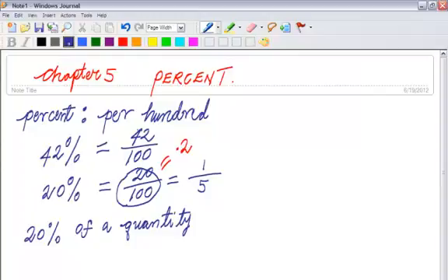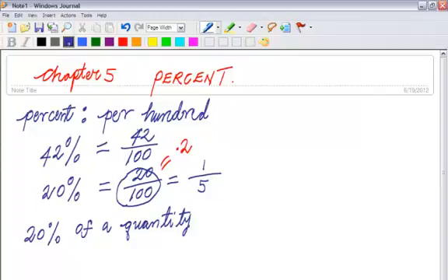Maybe you went to the mall and you're buying a shirt. The price of the shirt is $60. Maybe there is a 20% sale, so you want to know how much discount you're getting, right? So what is 20% of 60? So that's what I mean, a quantity.